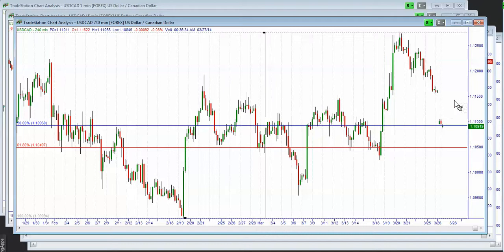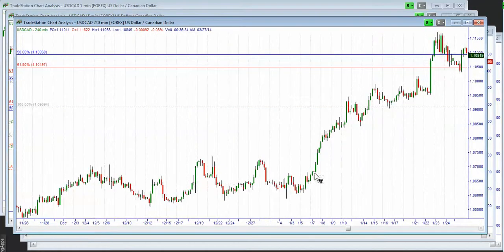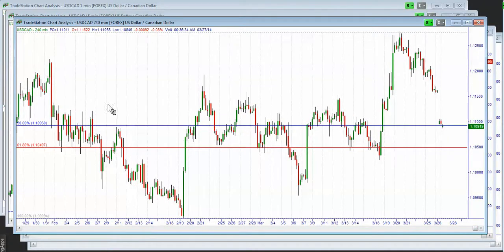This is probably wrong data, so I will need to check this market again tomorrow. But anyway, if that's the case, there was a gap down in this market, and now there is the possibility for this price to just retrace here. So I will analyze this market again tomorrow.